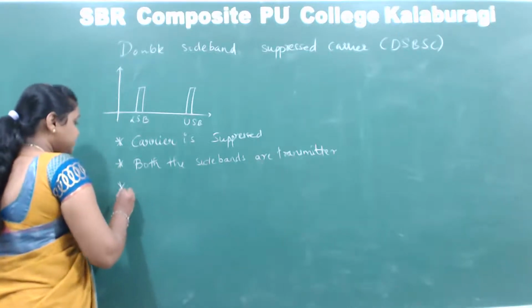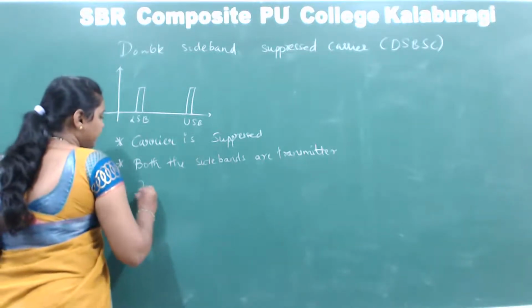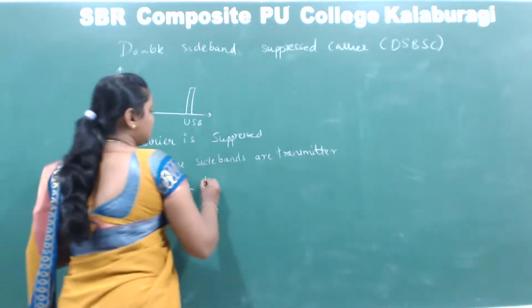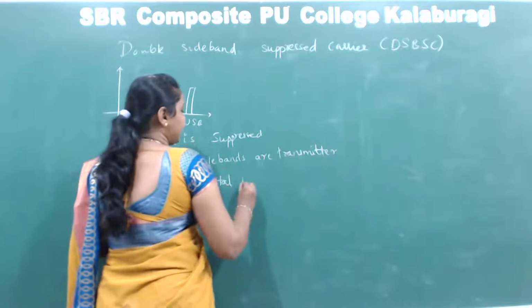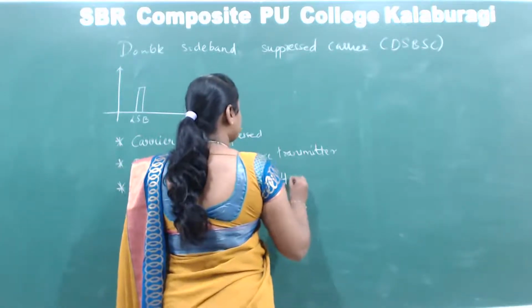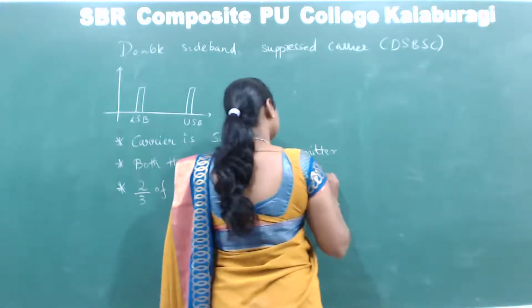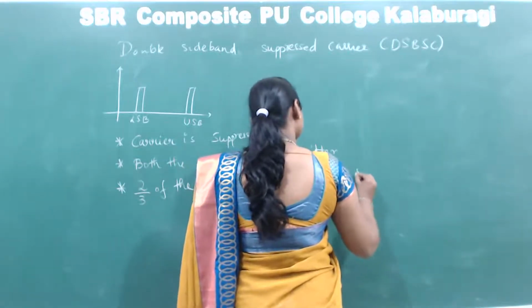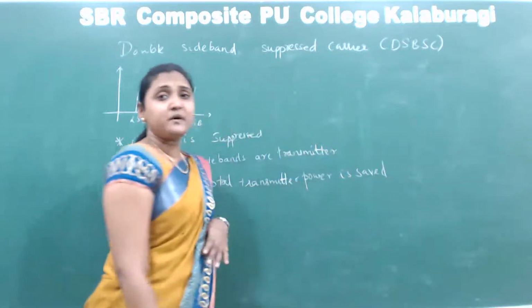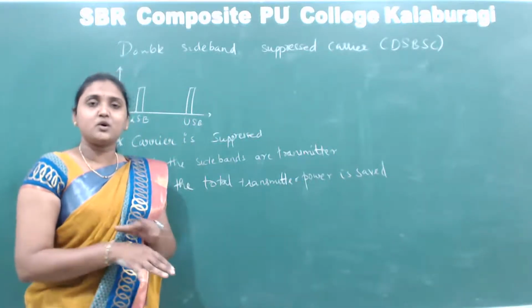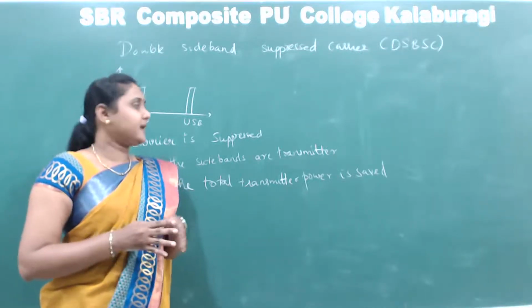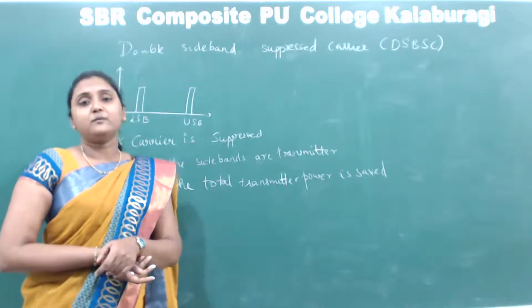Apart from that, 2/3 of the total transmitted power can be saved. Okay, because most of the power is wasted in the carrier and the carrier does not have any information. So just by suppressing that carrier, we can save a lot of power.